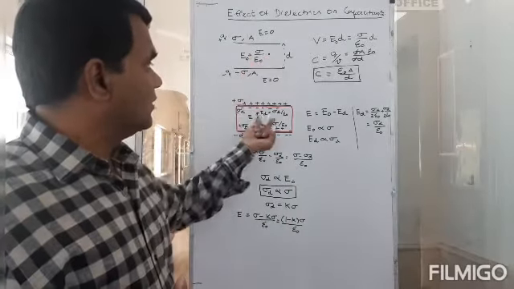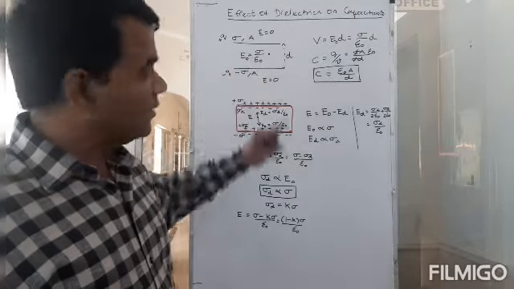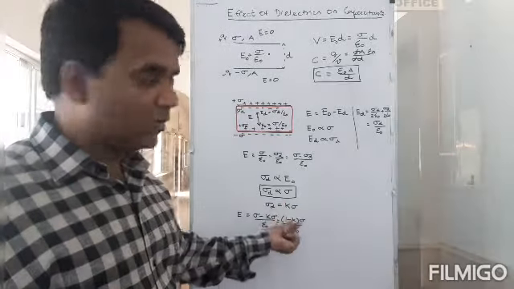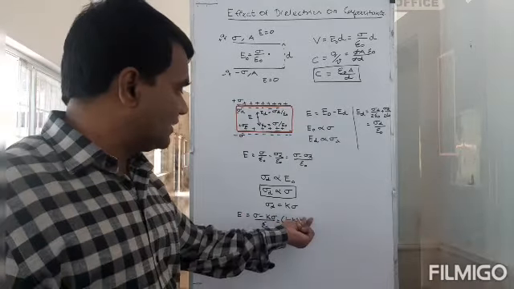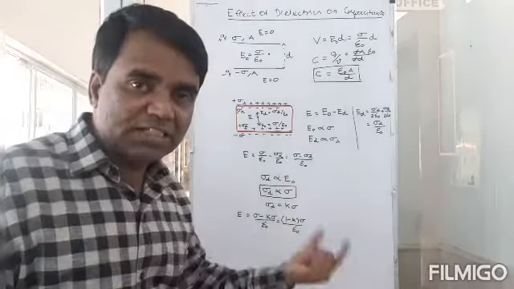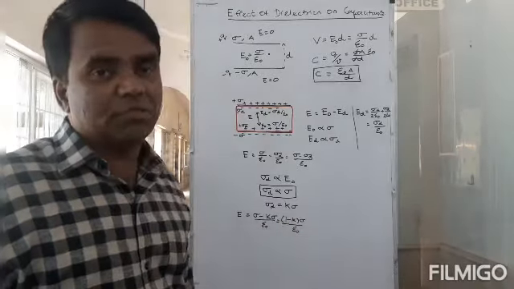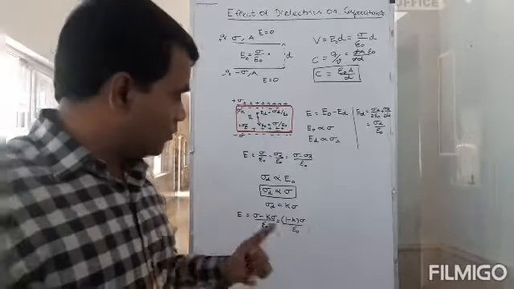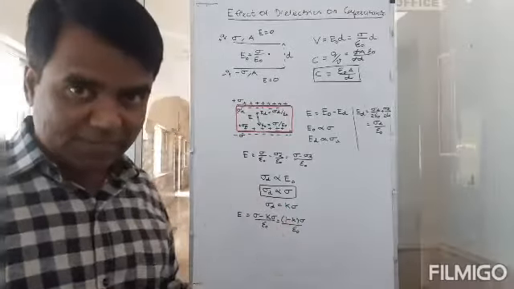This field is going to be smaller than this field. So this can never be equal to 1. It has to be less than 1, so that we get a reduced E. It's not sigma by epsilon naught, but 1 minus some number which is less than 1, times sigma by epsilon naught. So we get a fraction of sigma by epsilon naught. So this E is going to be less than the original, which means that this k must be less than 1, in this case.